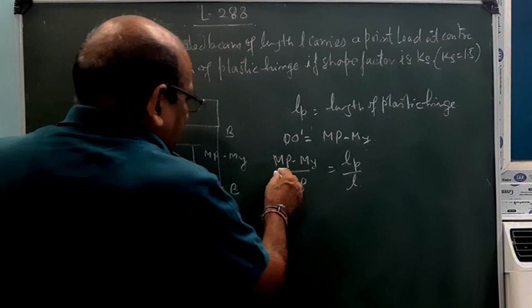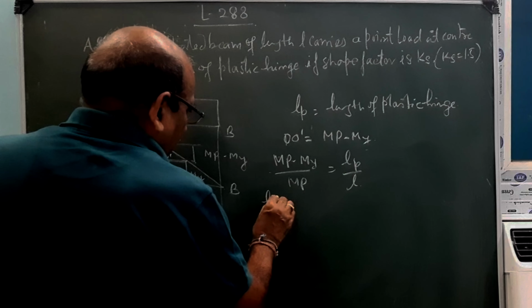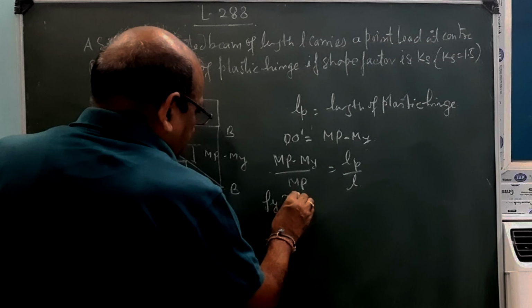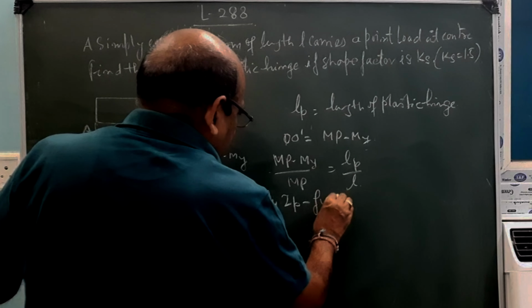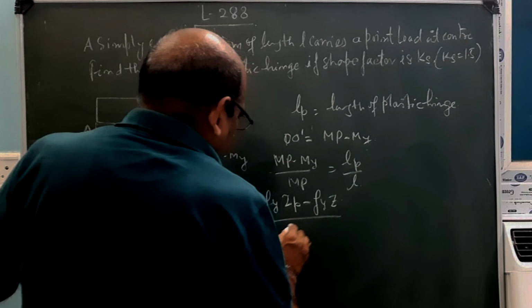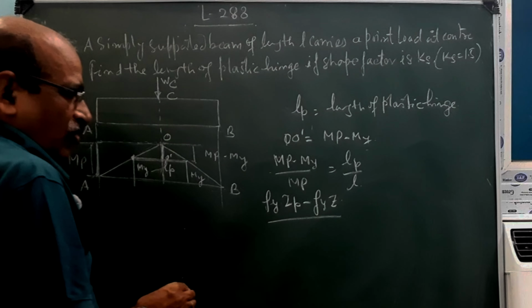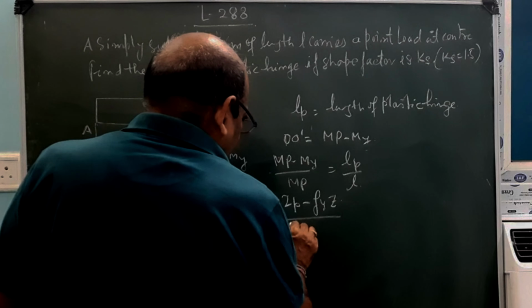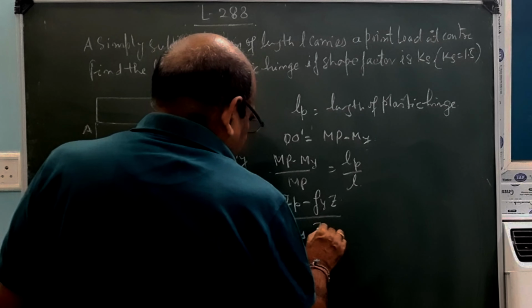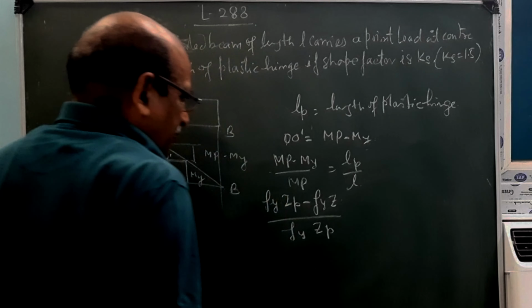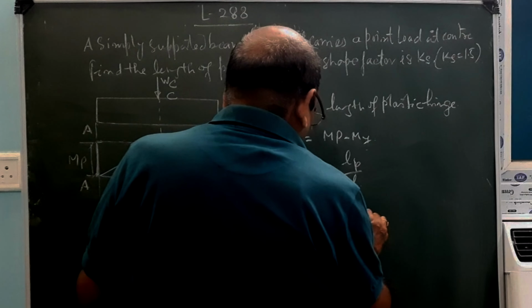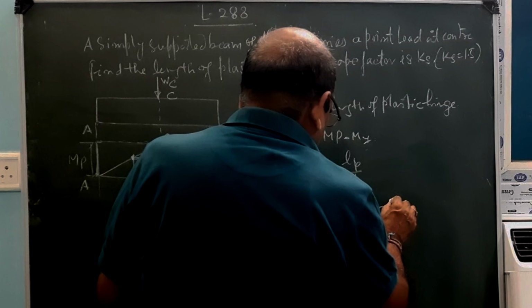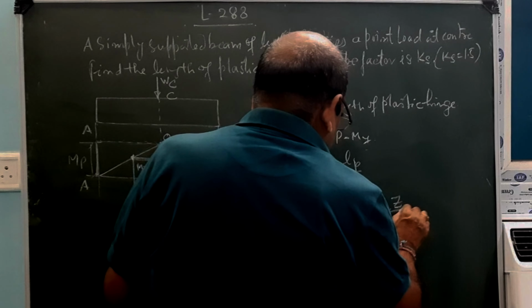Now what is MP? MP is Fy into Zp, and MY is Fy into Z, divided by MP. So this will be 1 minus Z upon Zp.